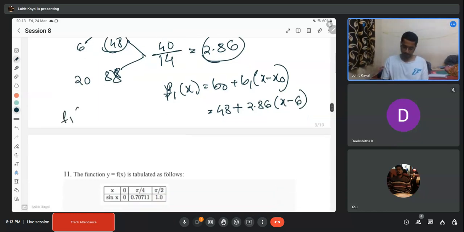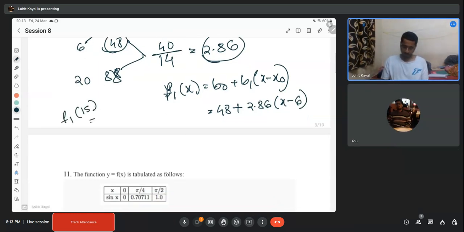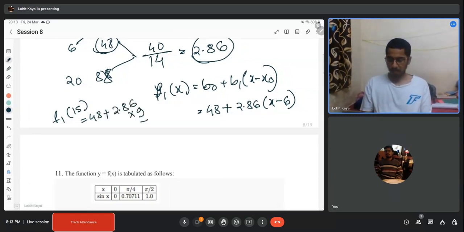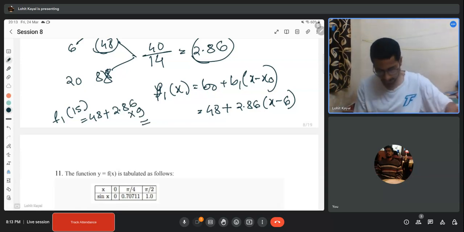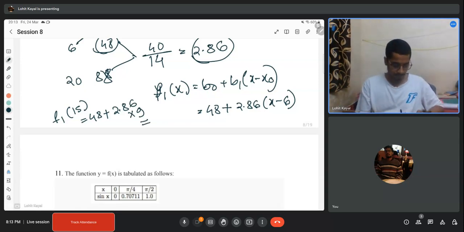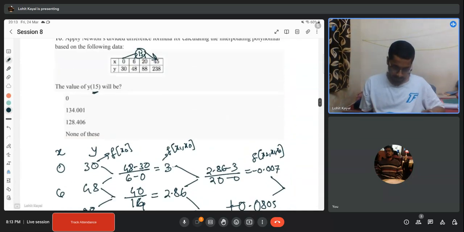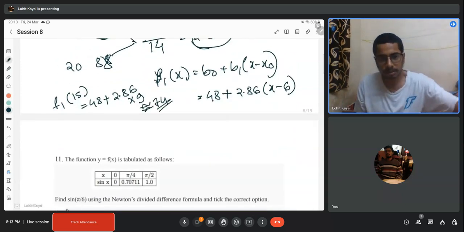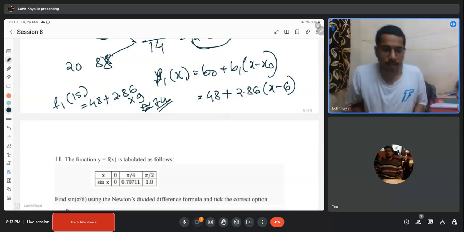So f1 of 15 is equal to 48 plus 2.86 into 9, and the value is approximately 73. Okay, so this is the result.